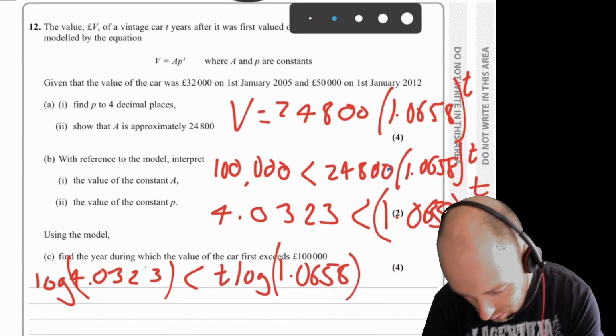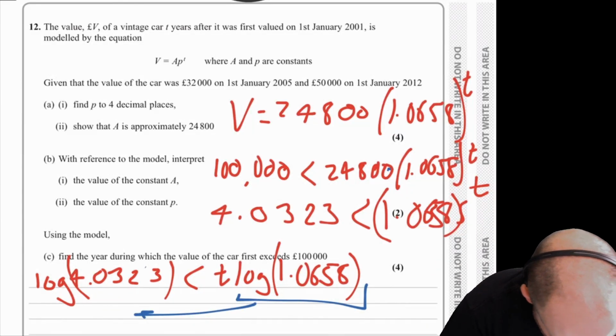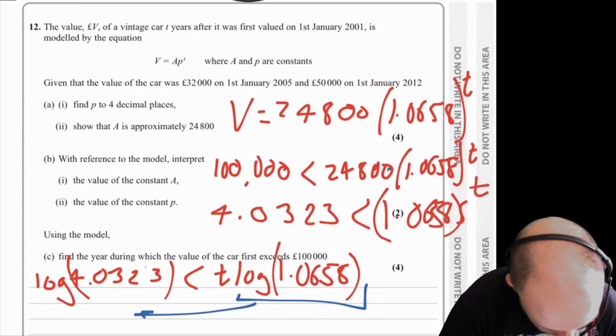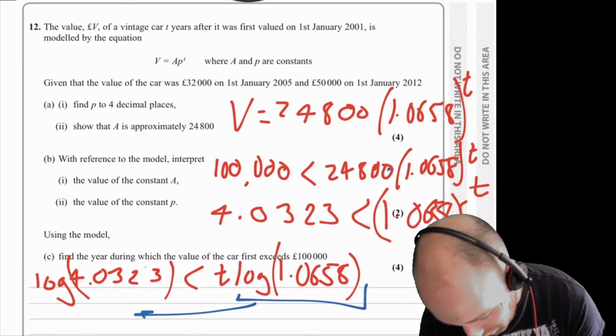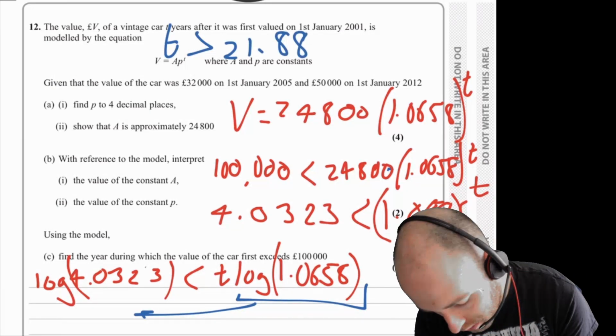Divide by that log over to there. We get T has got to be greater than 21.8. So T greater than 21.88.